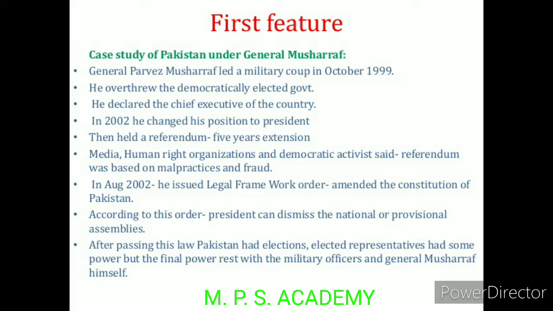Media, human rights organizations and democratic activists said the referendum was based on malpractices and fraud. In August 2002, he issued a Legal Framework Order and amended the constitution of Pakistan. According to this order, the President can dismiss the national or provincial assemblies. After passing this law, Pakistan had elections and elected representatives had some power, but the final power rests with the military officers and General Musharraf himself.